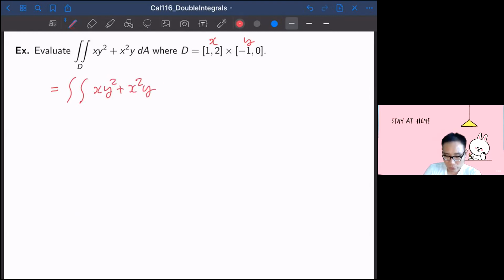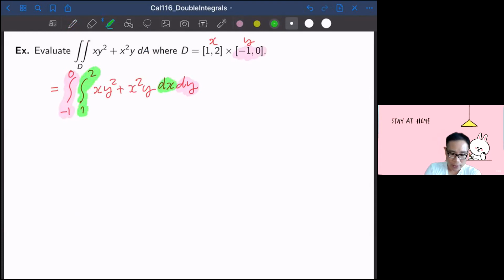I will use the x dy, okay? So it's going to be 1 to 2 and -1 to 0. For this one, you see I use the pink one outside and I use the green one inside.